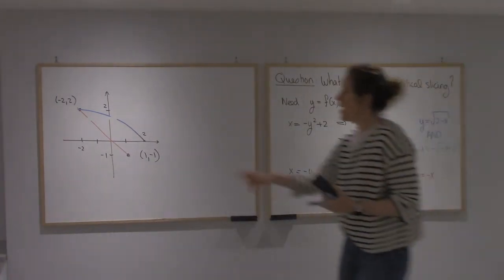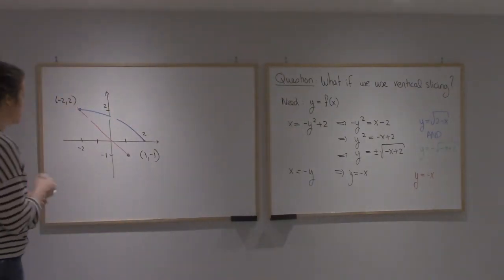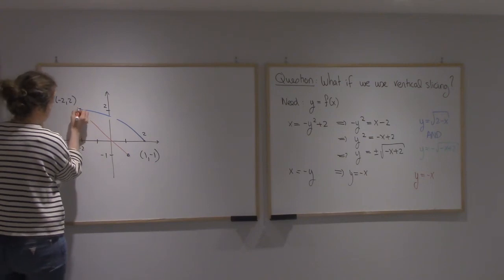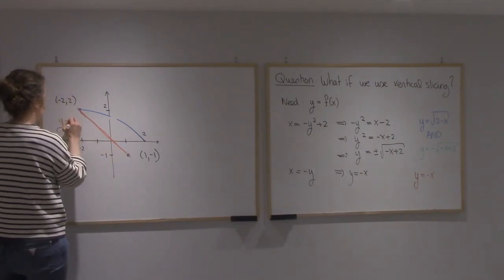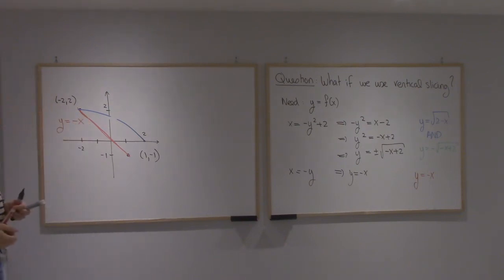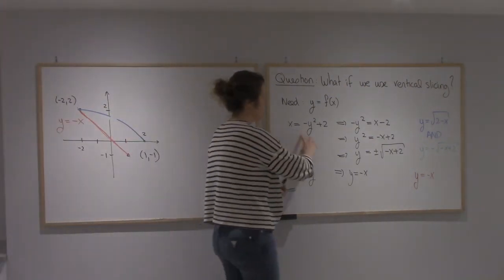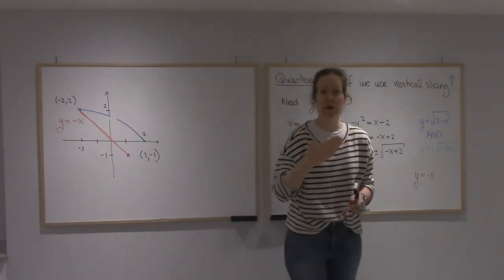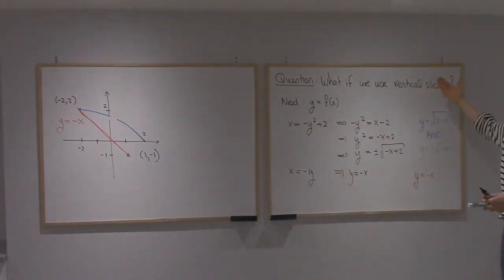Alright, so the red curve was x equals minus y. It's now y equals minus x. So this here is y equals minus x. The blue curve was x equals minus y squared plus 2. It splits up as 2 different curves. Notice that in this case, y is positive.